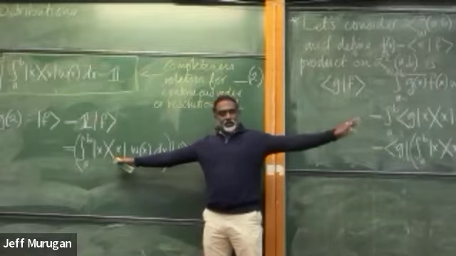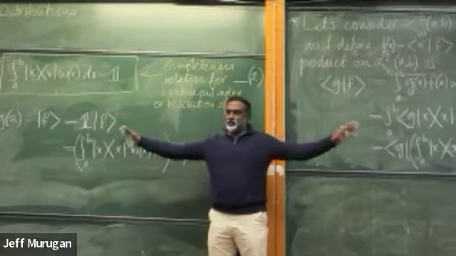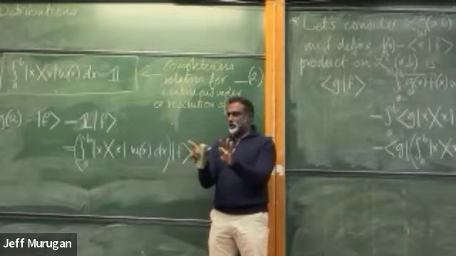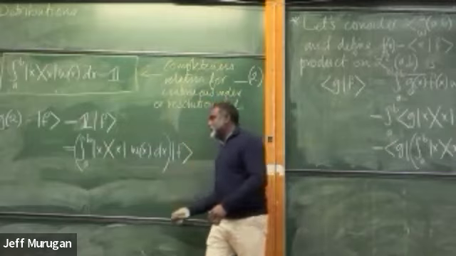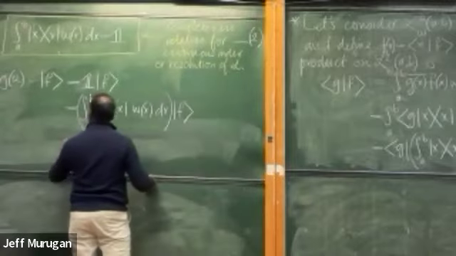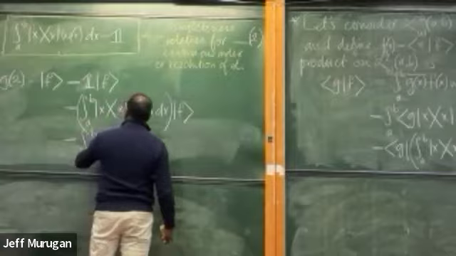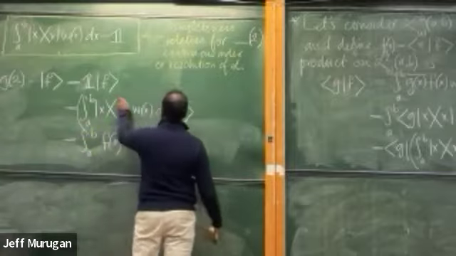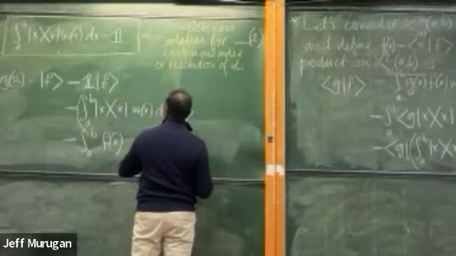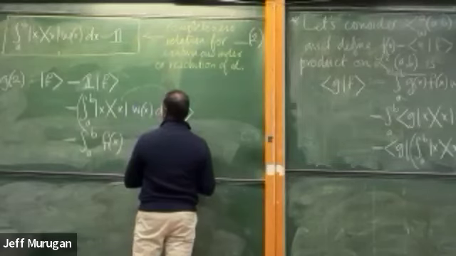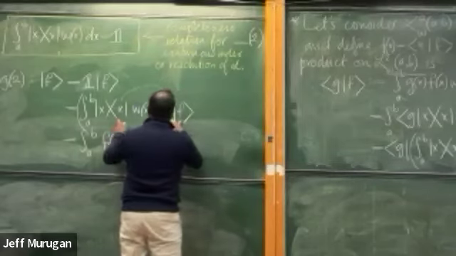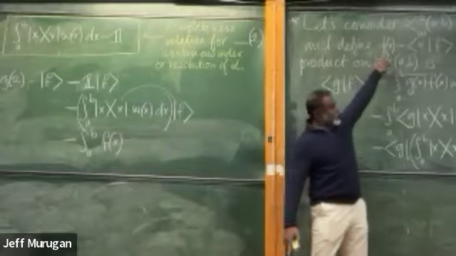Whenever I see a row vector, the ket vector will always pair to map to a real number or complex number. So it is the integral from a to b of f(x), because these two together give me f(x).